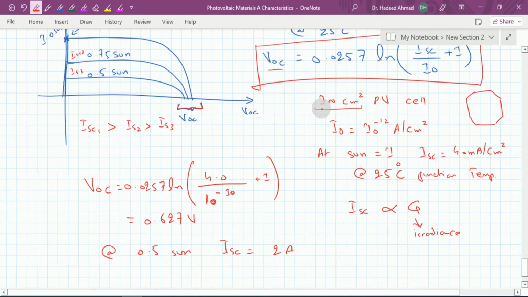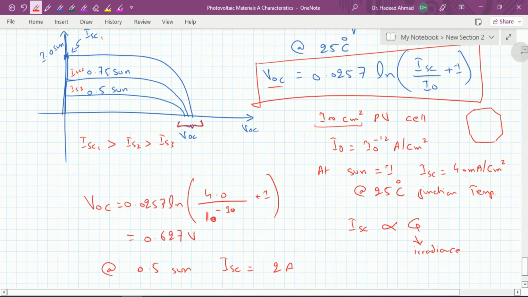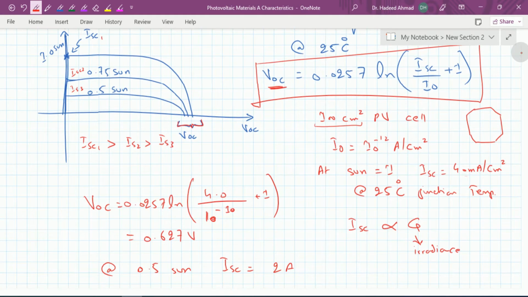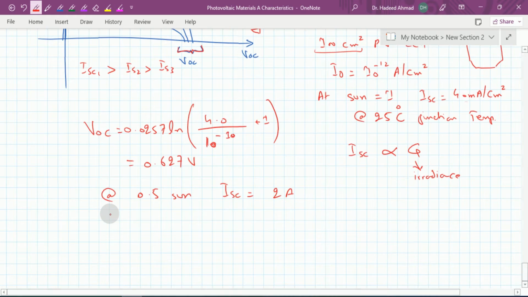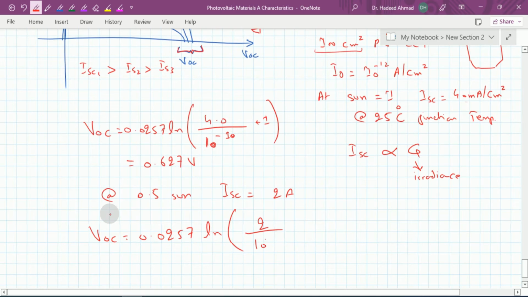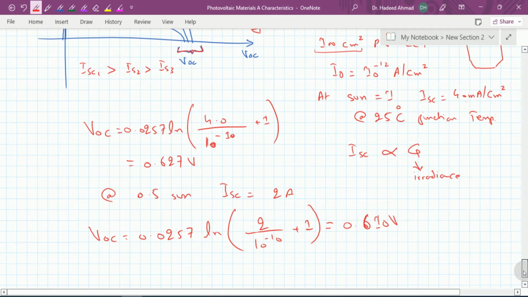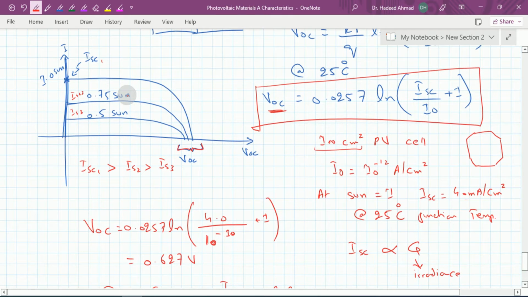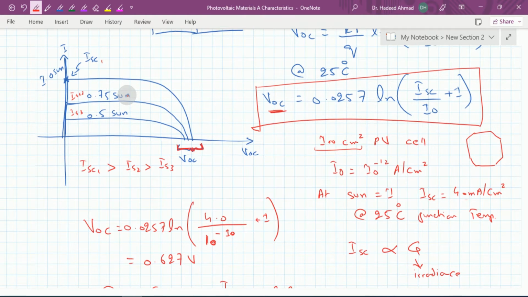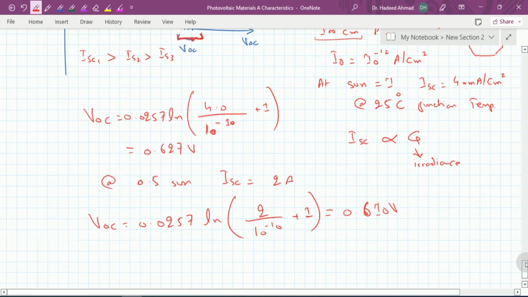So now if I plug this 2 ampere back into this particular equation which represents this VOC, then this VOC equals 0.0257 log of 2 divided by 10 to the power minus 10, plus 1, and this gives me a value equal to 0.610 volt. Now if you see here, with the change in the irradiance, the ISC has practically become halved, while there is very little change in the open circuit voltage.